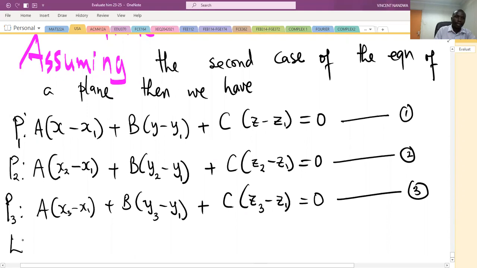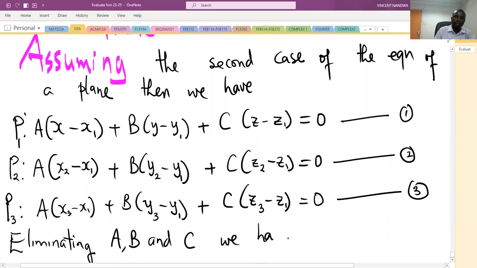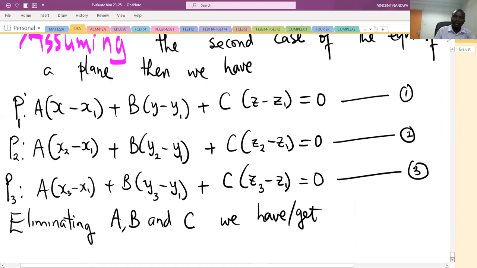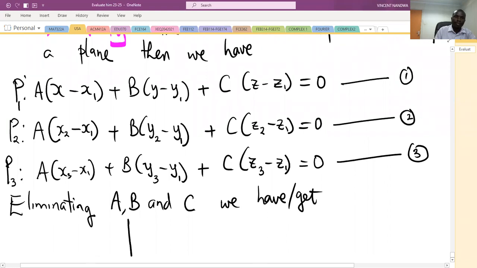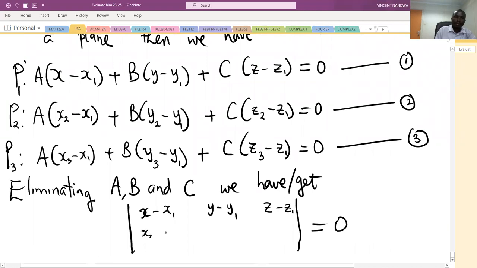Eliminating A, B, and C, we get the determinant of the matrix with rows (x minus x1, y minus y1, z minus z1), (x2 minus x1, y2 minus y1, z2 minus z1), and (x3 minus x1, y3 minus y1, z3 minus z1) equals 0.